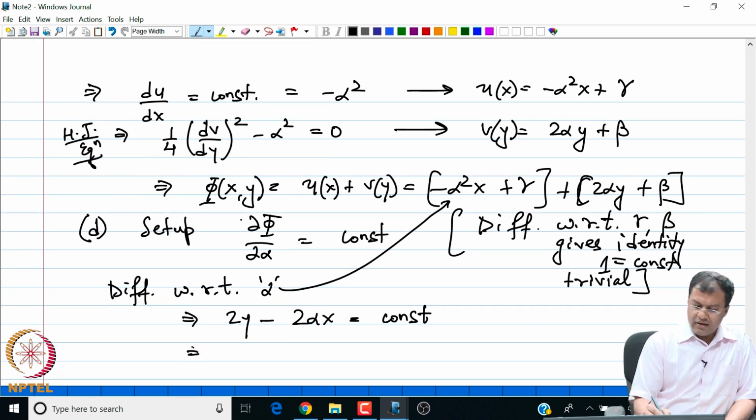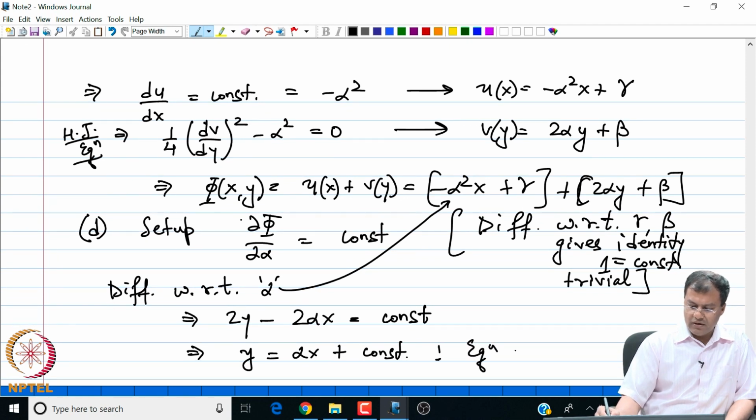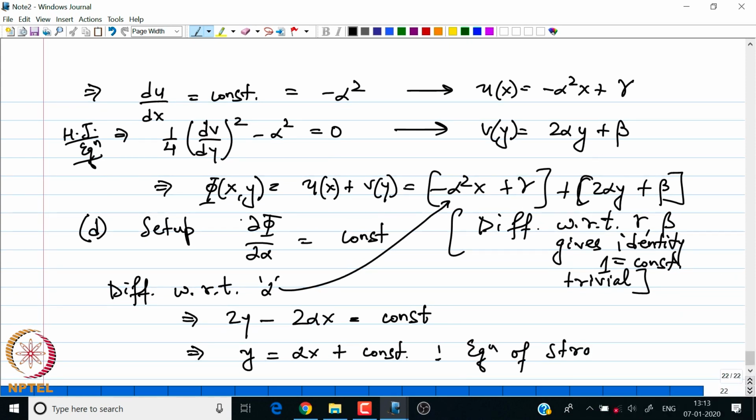Or the equation is y is equal to alpha x plus a constant, which is nothing but the equation of a straight line, and that is the extremal that we have found directly from our Hamilton-Jacobi equation.